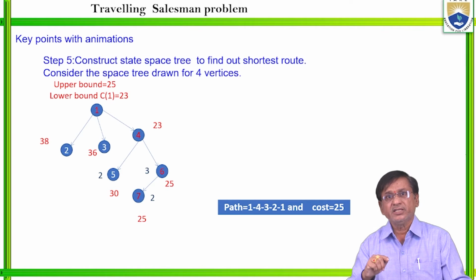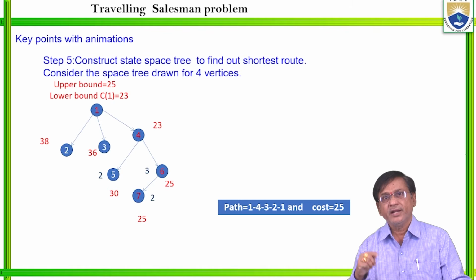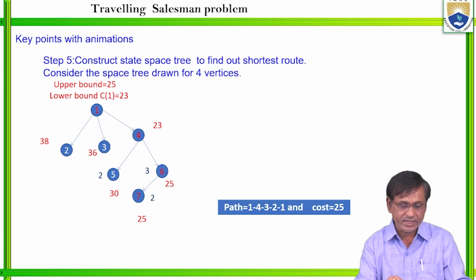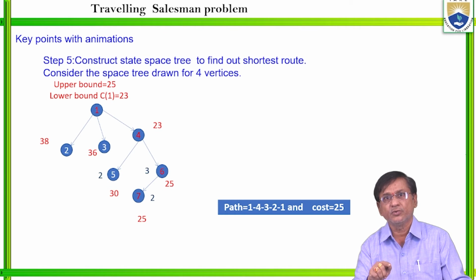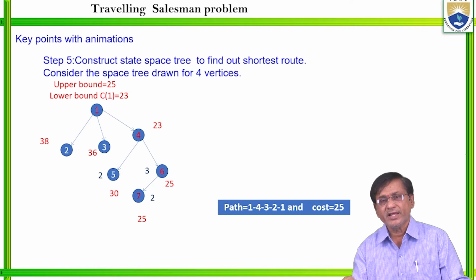From that, what are the paths available for the traveling salesman to go? The other options are from vertex 4 to vertex 2, or vertex 4 to vertex 3.